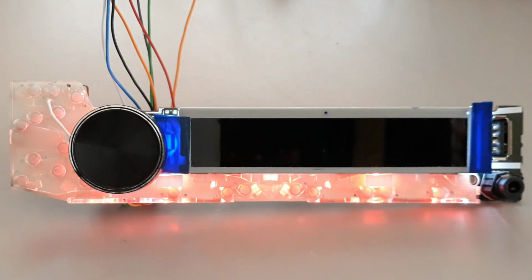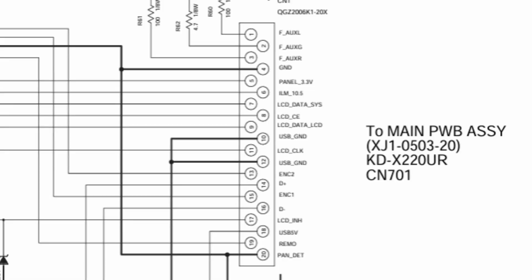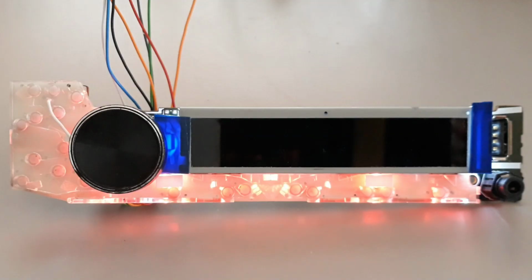For communication, we use the standard lines: data in, data out, clock, chip enable, and the INH pin. In this code, the INH pin is kept high through pin 11 of the Arduino.